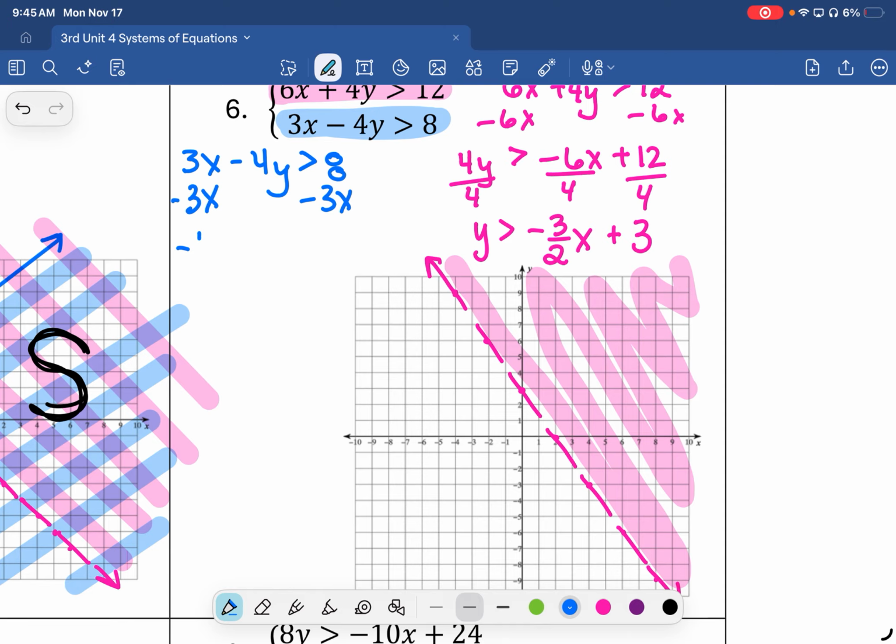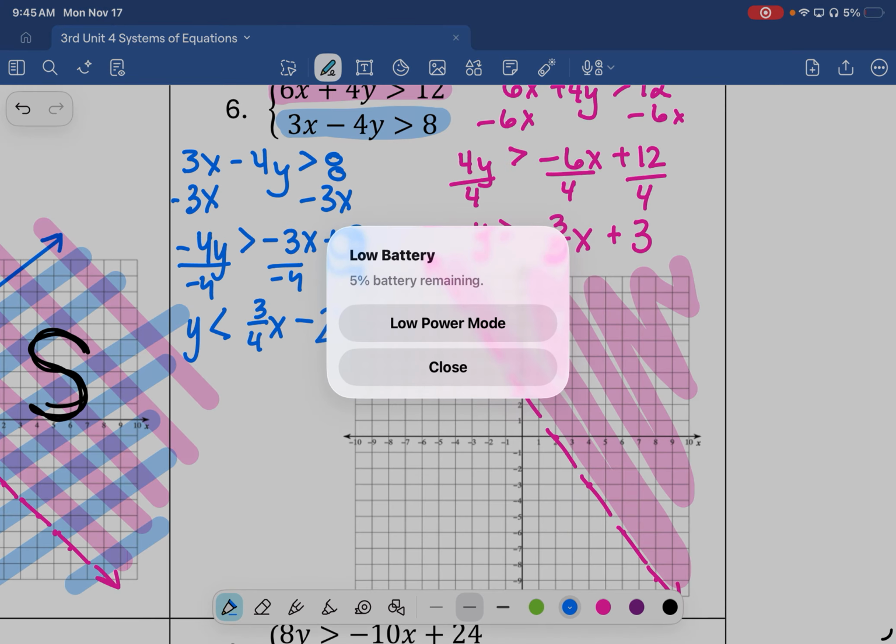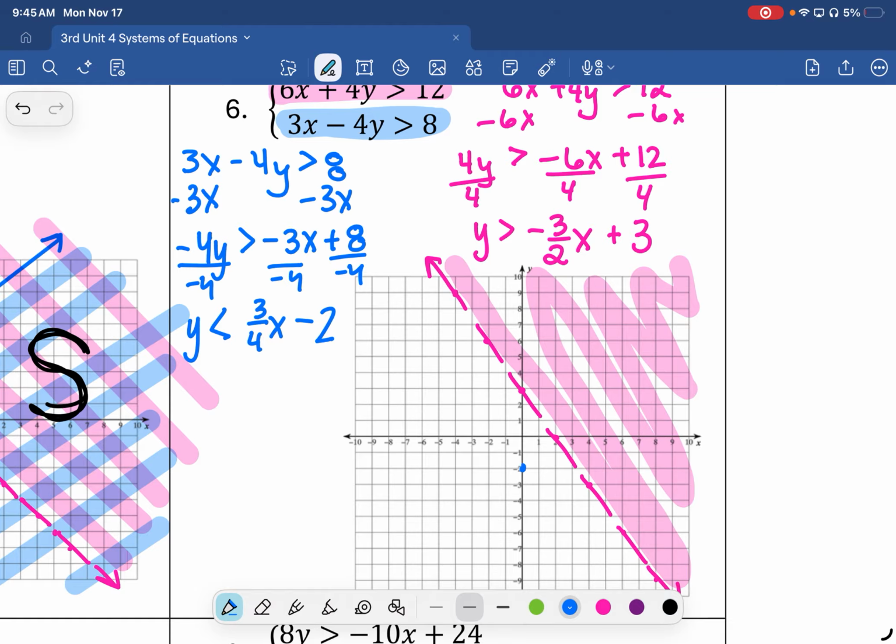So we have negative 4y is greater than negative 3x plus 8. Now what? You divide by negative 4. And it does flip this time, so we get y is less than positive 3/4 x minus 2. And our y-intercept is? Negative 2. And our slope is?